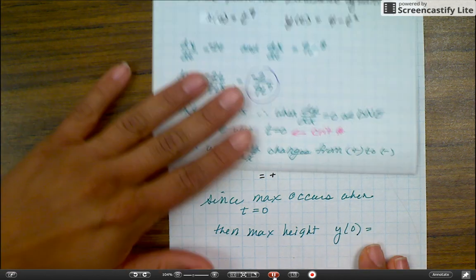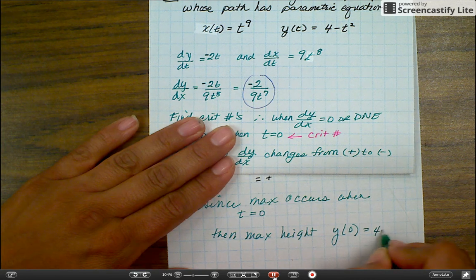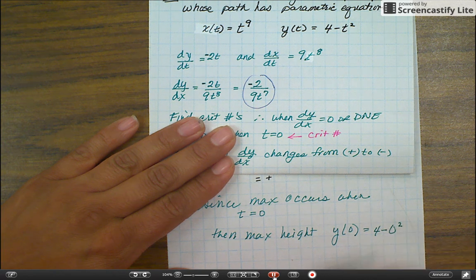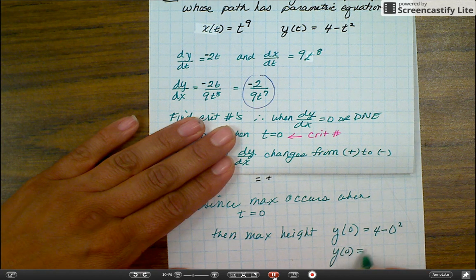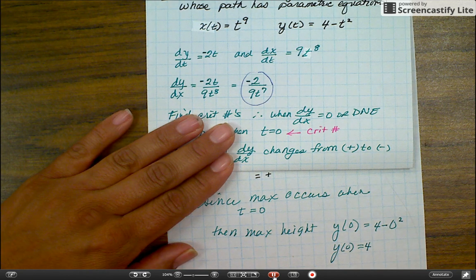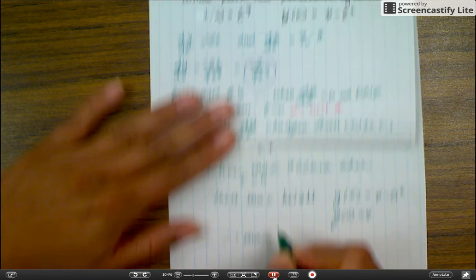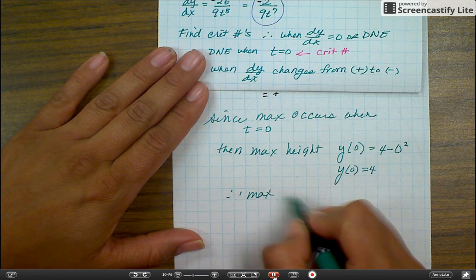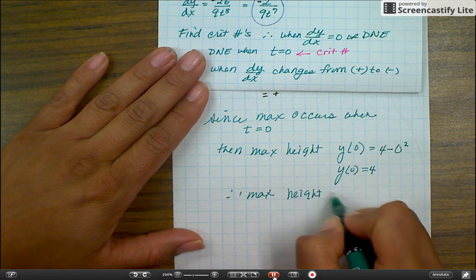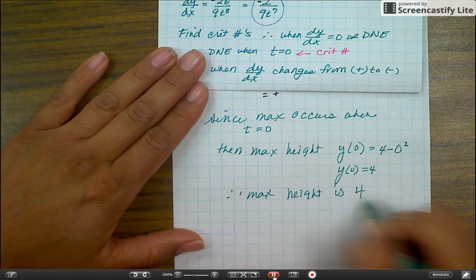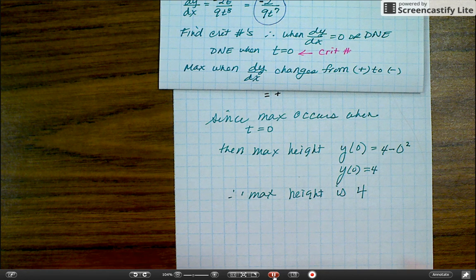What is y of 0? 4 minus 0 squared. So y of 0 is equal to 4. So max height is 4. And that's the answer to that question.